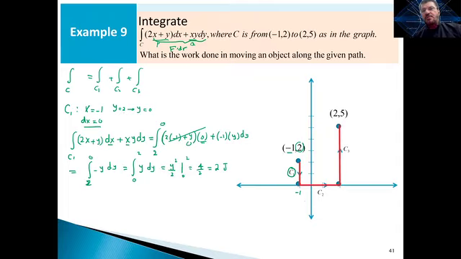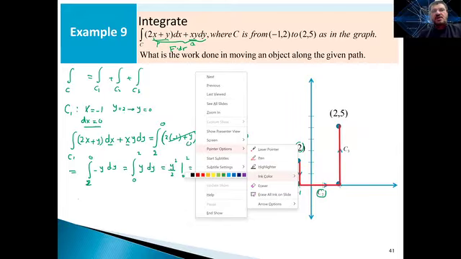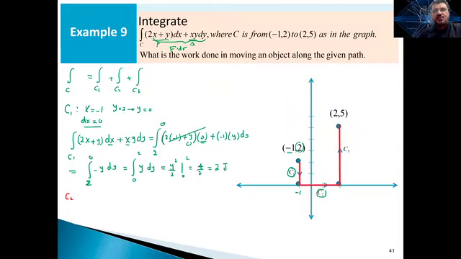Let's move the same object now from here to here along C2, guys. I will change and go with a different color. Let's define C2. What do you notice in C2? In C2, x starts from -1. By the way, this point is (2, 5).